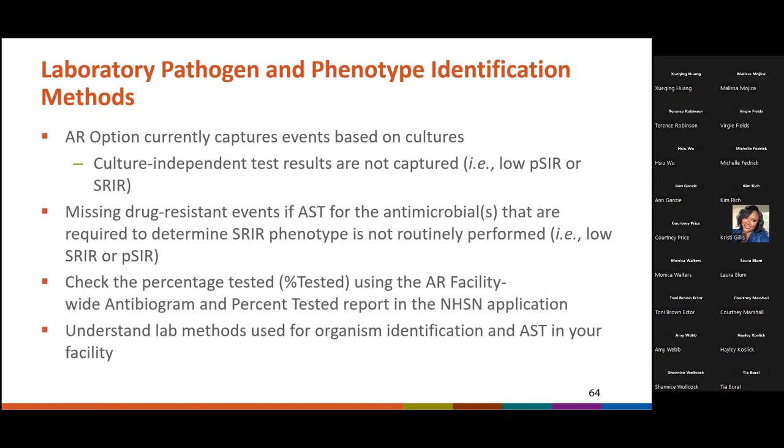Therefore, SIR could be underestimated if the AST for the antimicrobials that are required to determine the SIR phenotype is not routinely reported or is replaced by culture-independent rapid diagnostics. We recommend checking the percentage of isolates tested for the drug required for the phenotype and reaching out to your microbiology lab to understand lab methods used for organism ID and antimicrobial susceptibility testing.